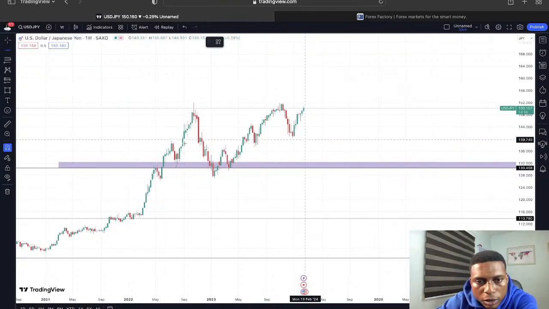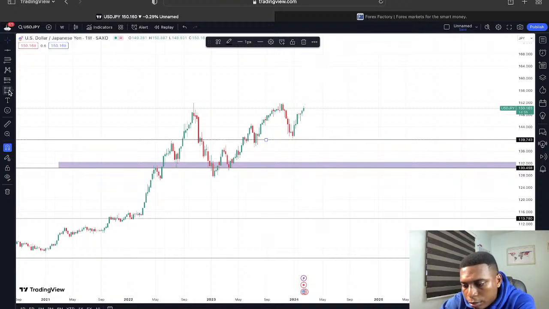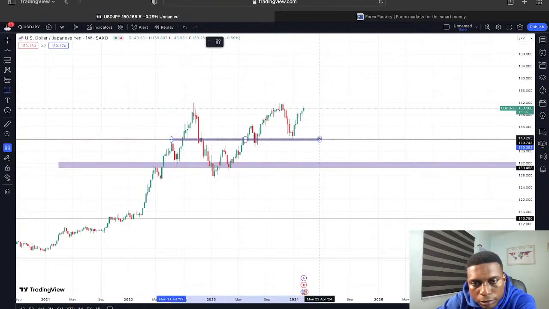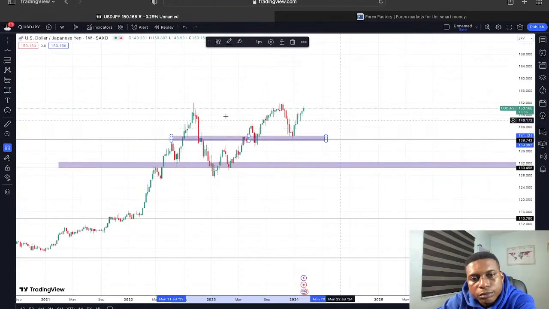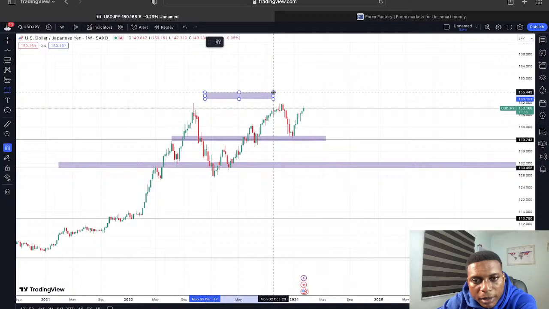So here we also map out levels of support and resistance, key levels. Also all-time high.